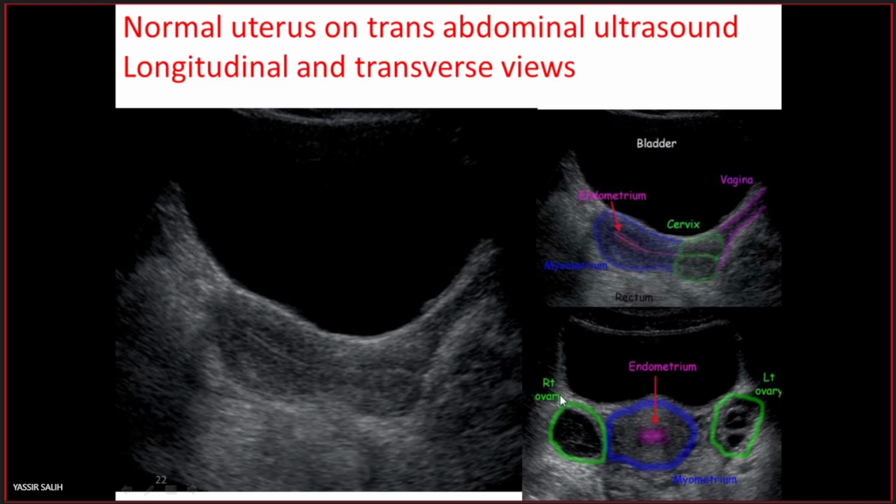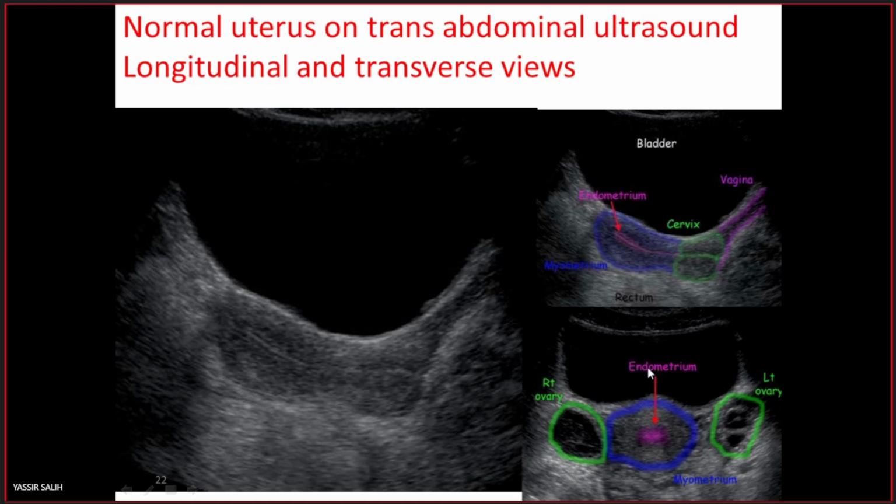Again, this is the uterus. كله كده is the uterus. إذا سألنا عن الأوردن, this is myometrium and this is myometrium. كله كده uterus. This is the myometrium and endometrium in the center, this is the cervix, and this is the vagina.